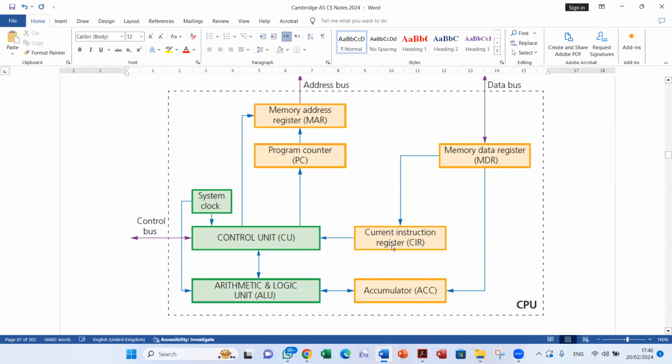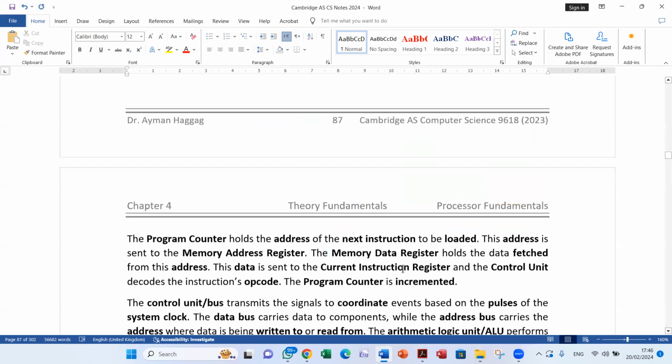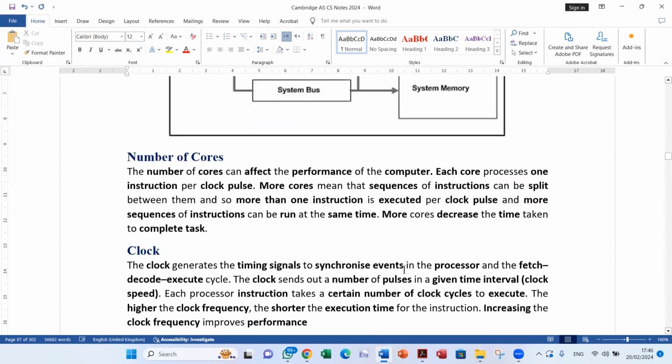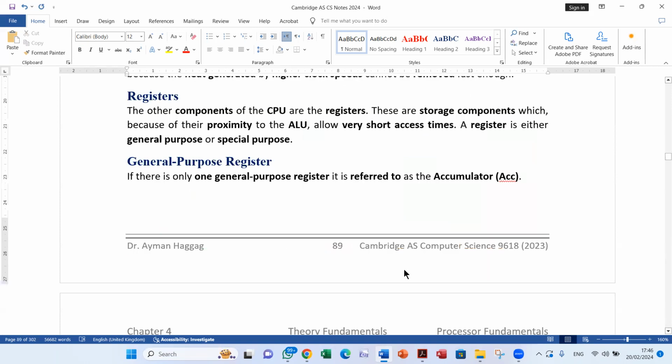If it is an operand, which means it is some data to be calculated, it goes to the accumulator, ACC, where calculations are carried out. Okay, there are 5 registers. Study them before they become more than 5, because in the AS we have to study a few more registers.